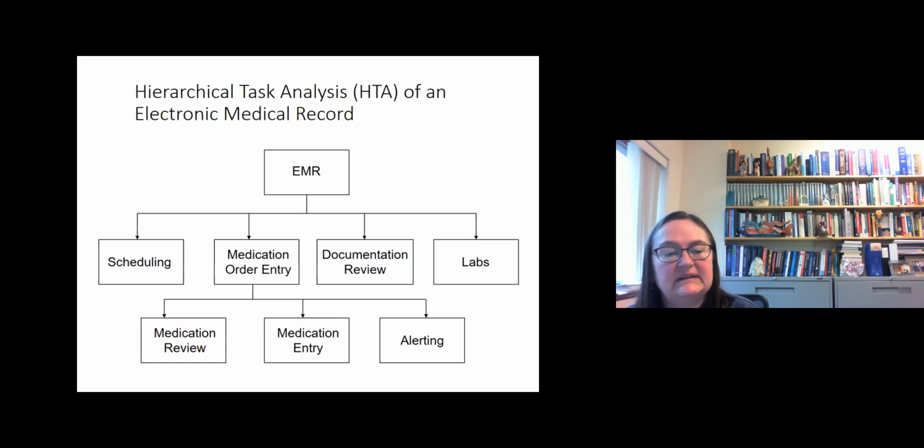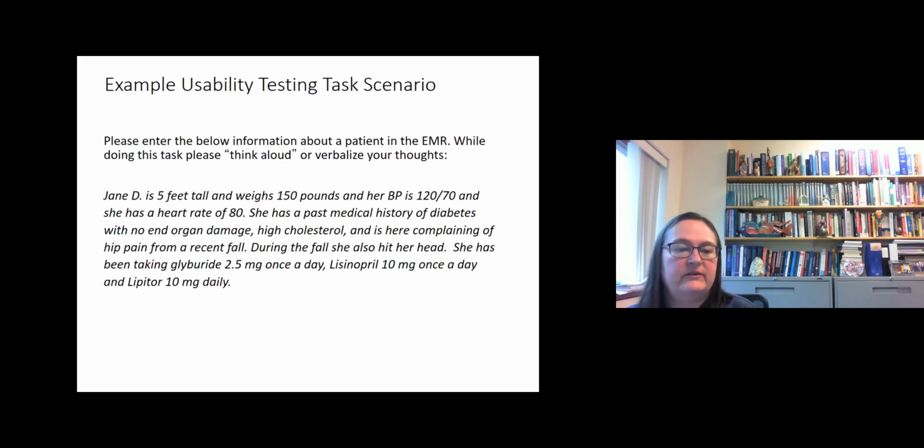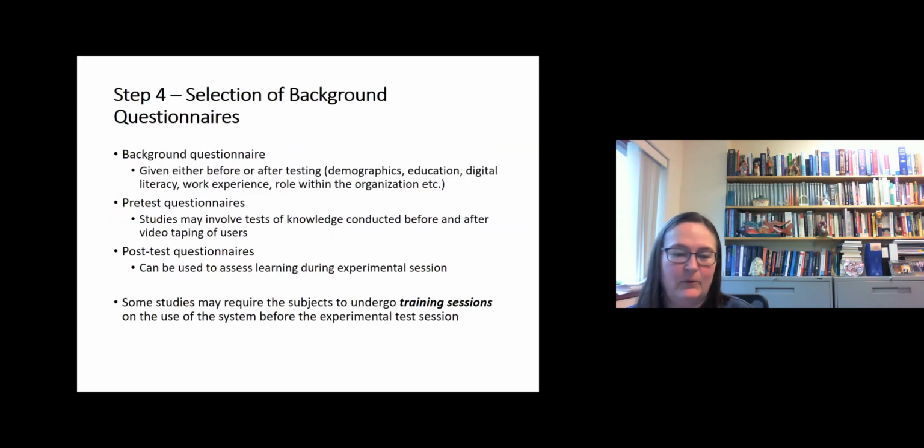So you might use this to actually inform how you would write your scripts and what specific tasks you might be testing on in terms of the usability testing. And here's a little example of a typical usability testing task scenario. So here Jane D is going to be entering some information into an EMR while she's thinking aloud, or essentially verbalizing her thoughts. So there we go.